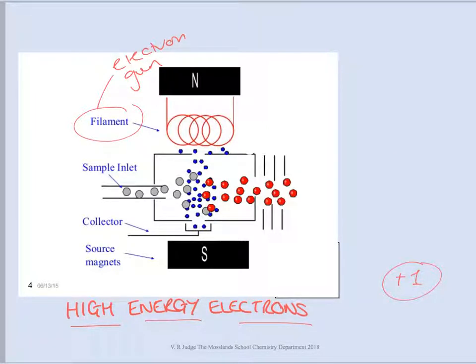So if we call your sample M, for example, for molecule, an electron comes in, hits M, and M becomes M+, and there's the electron that's been knocked out of the sample molecule. So it is M+ that travels through the rest of the mass spectrometer and gets detected at the end.